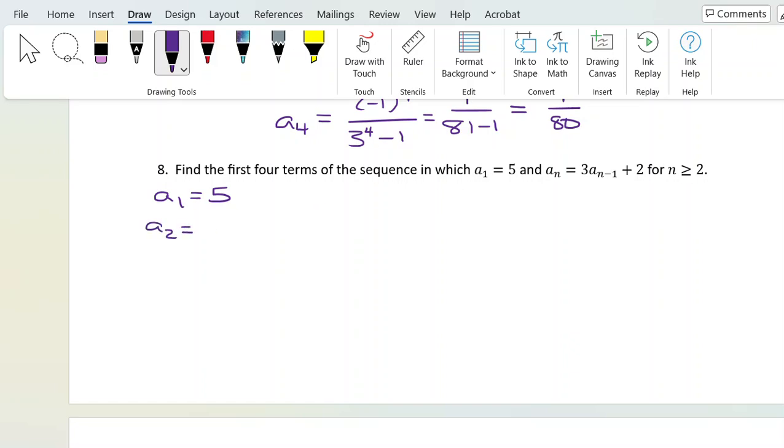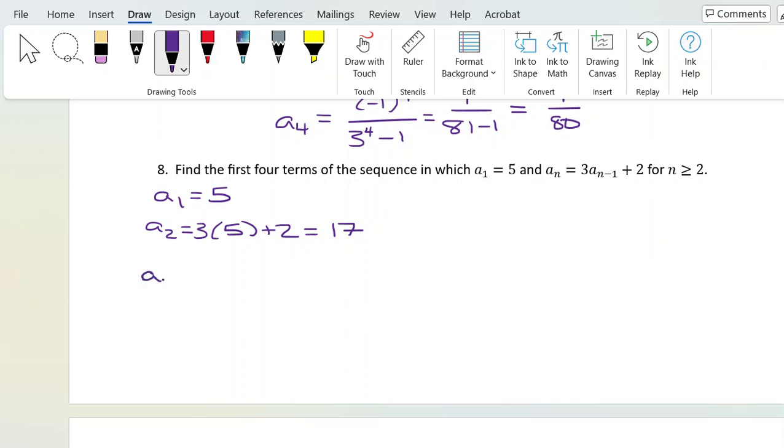What I'm going to do is take the previous term, multiply it by 3, and add 2 to get the next term. That's what this formula is telling me. The a sub n minus 1 stands for the previous term. So this is going to be 3 times 5 plus 2, which is 15 plus 2, which is 17.